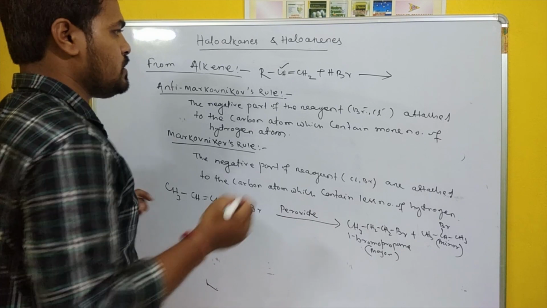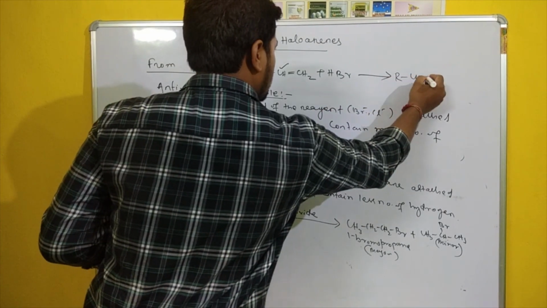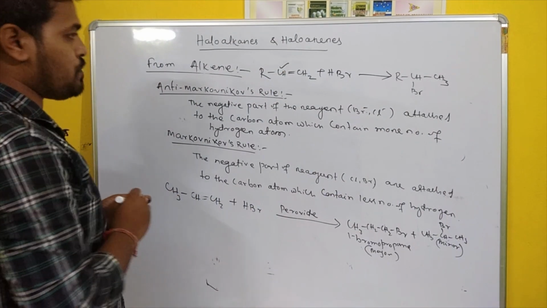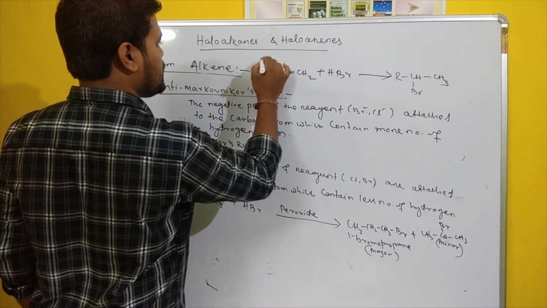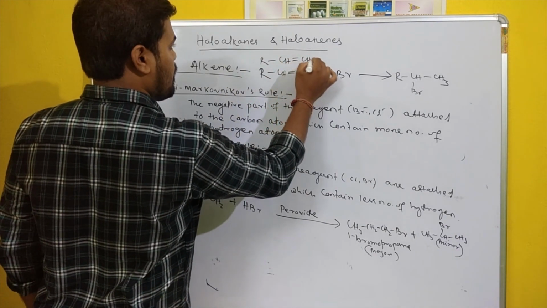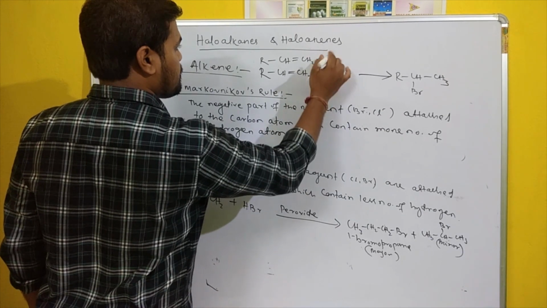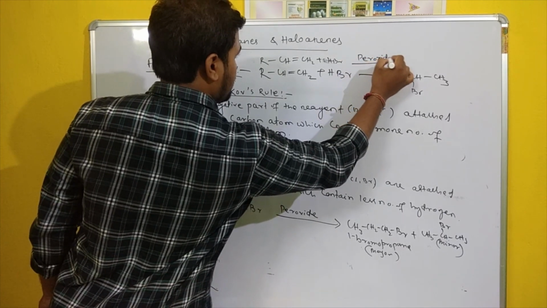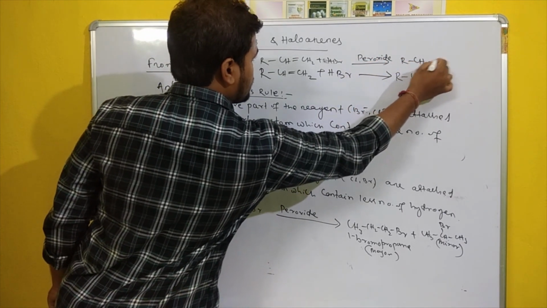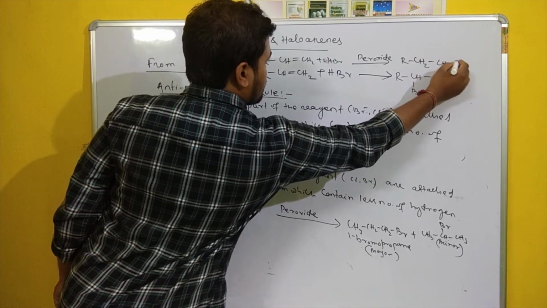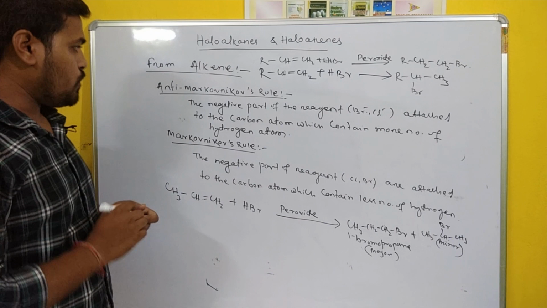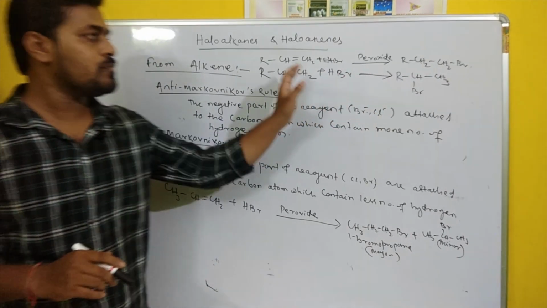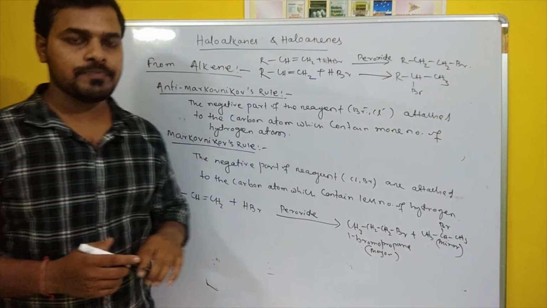So the product is RCHBrCH3 in absence of peroxide, but in presence of peroxide, the product is RCH2CH2Br. Now you understand what is Markovnikov, what is anti-Markovnikov, and how alkene prepares haloalkane by reaction with HBr.